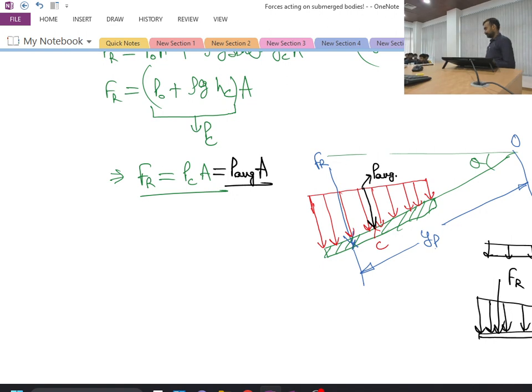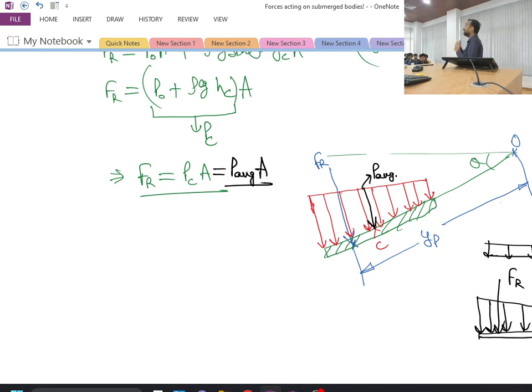Okay. So what I have said is that this is the resultant force. Because of this resultant force, I will take moment about point O. And then I will also take the moment because of the distributed force about point O. When I equate both of these, I will get nothing but the coordinate yp.